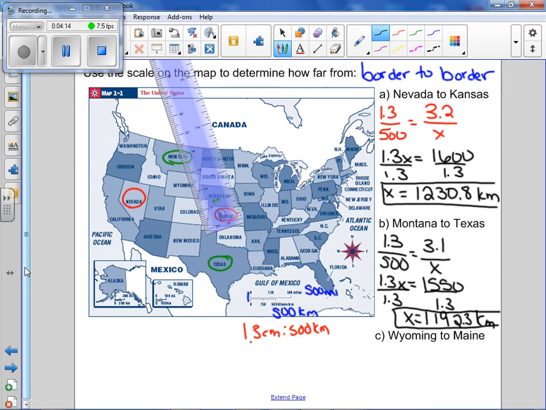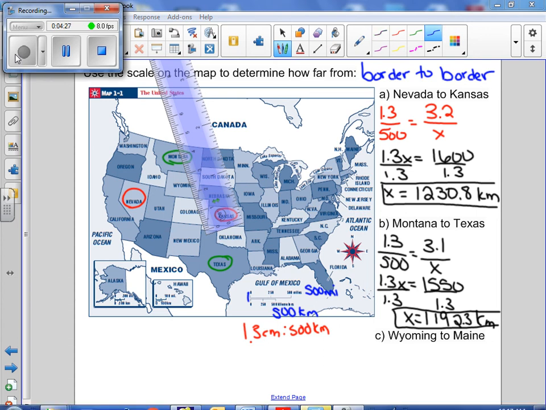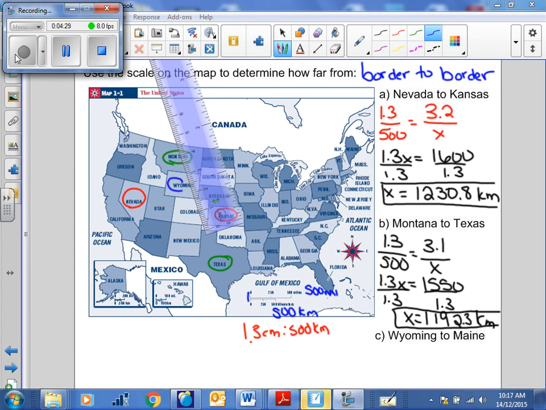Now my last one is Wyoming to Maine. So now I need to find Wyoming and Maine. So Wyoming is right there. I'm going to move my ruler out of the way so I can draw. Right, there's Wyoming. And Maine is right there.